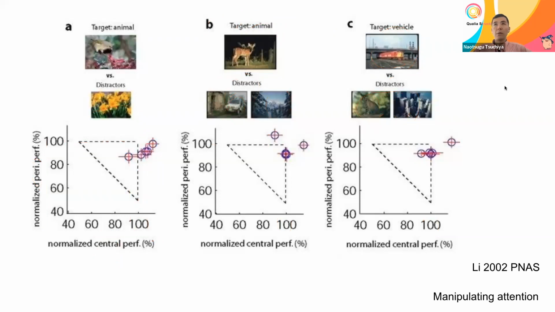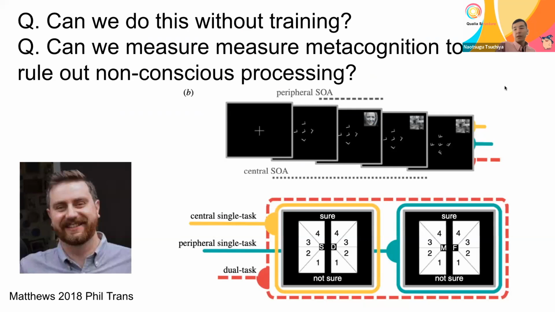Okay, all right. Then next comes sort of a half replication of this study, but a significant extension of this study by my previous PhD student, Julian Matthews.